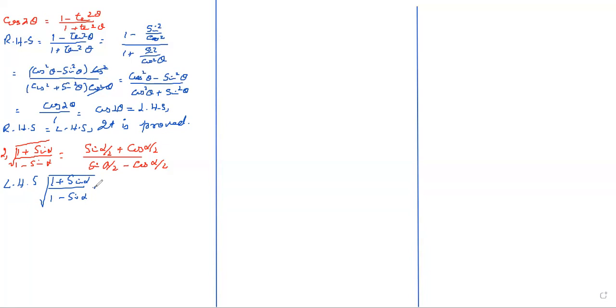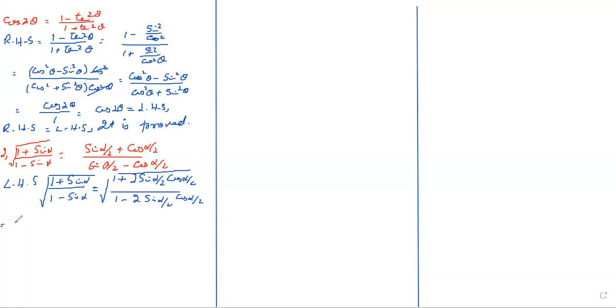So we may write it equals 1 plus 2 sine alpha by 2 cosine alpha by 2 divided by 1 minus 2 times sine alpha by 2 cosine alpha by 2. And this is within the square root.